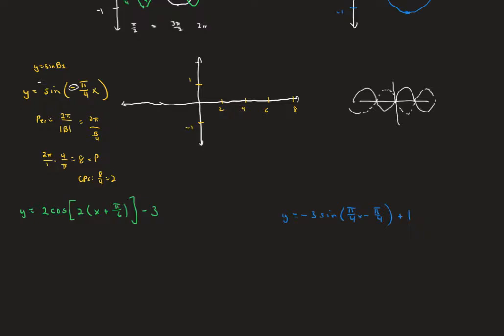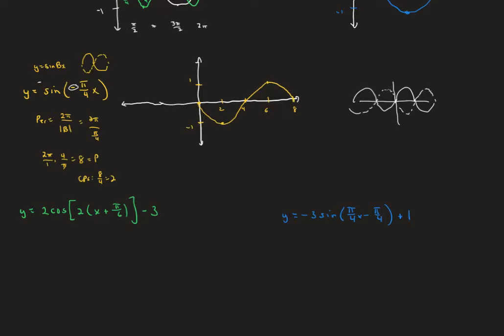Because of the odd nature of sine, I'm going to treat the reflection in the y as reflection in the x. So instead of doing the usual loop above and then loop below, I'm going to do the loop below first. So we're going to go from 0 to a low point, to the midline, to a high point, to the midline. And so we're going to get something that looks like that.